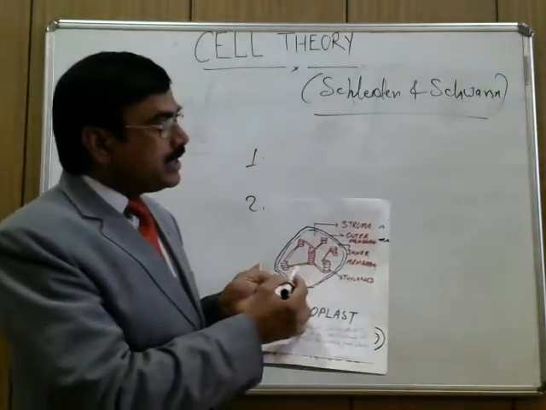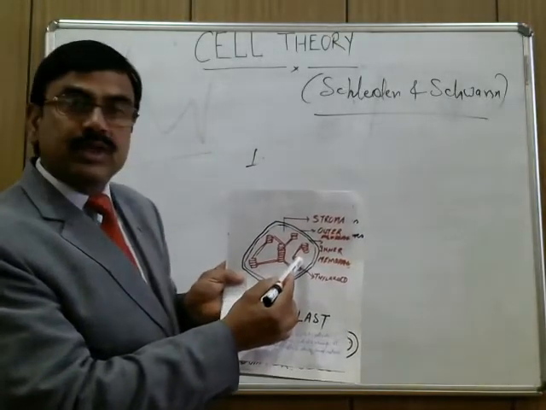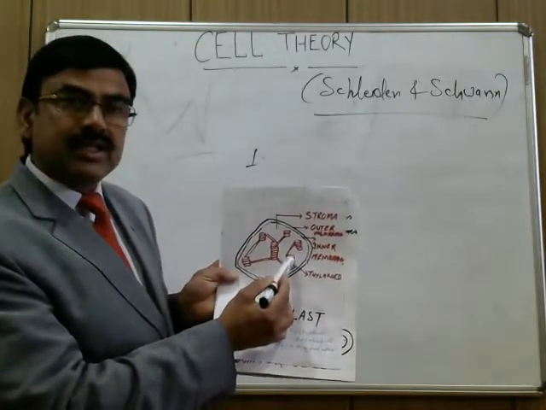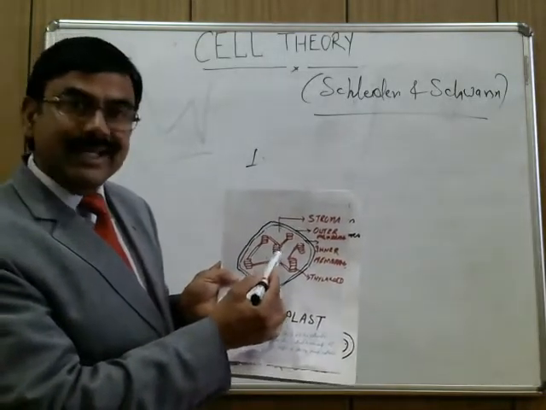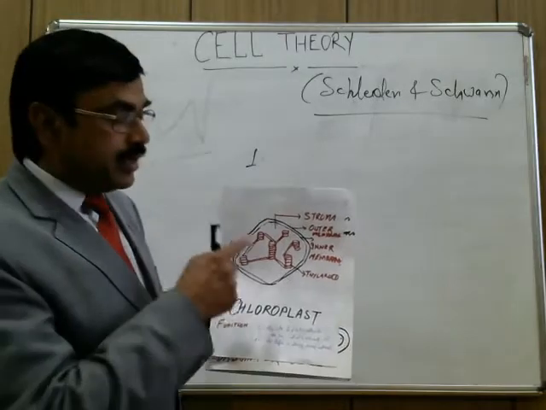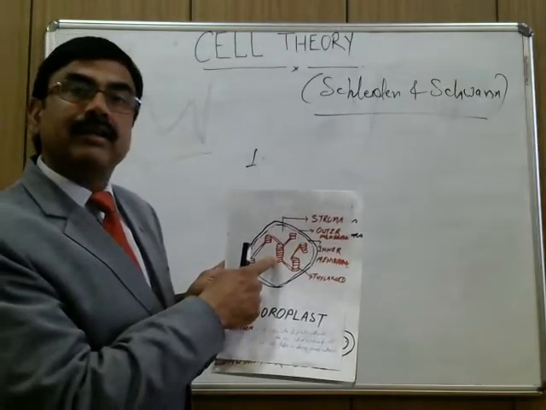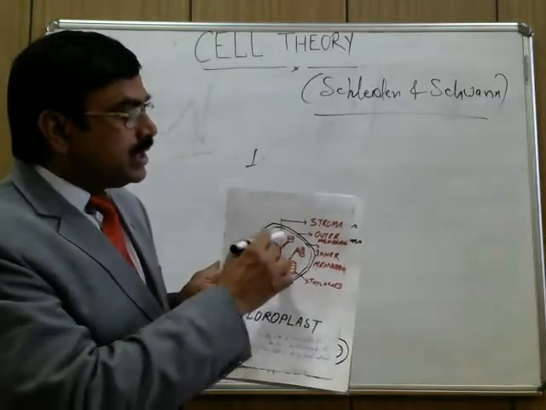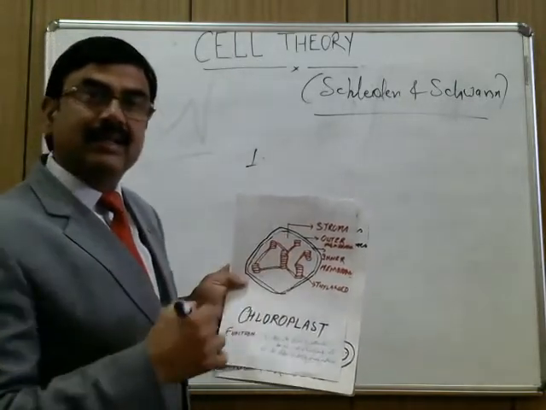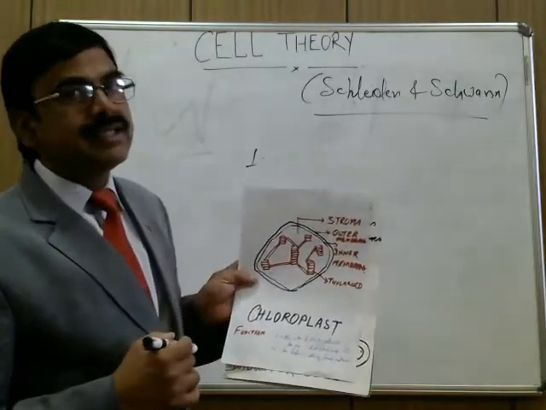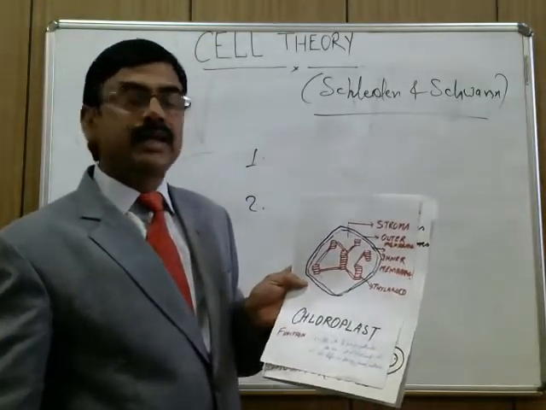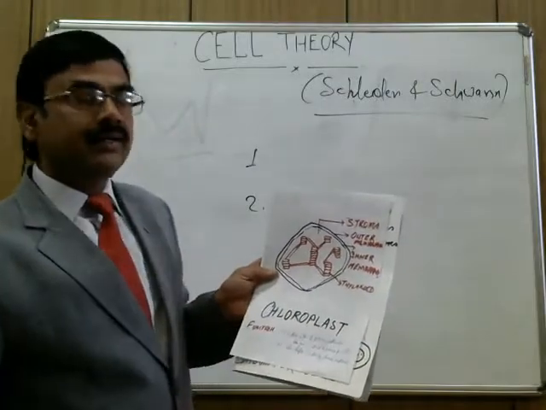The grana are pouch-like structures, like packets, which contain the chlorophyll. So grana contain chlorophyll, and the fluid which is floating inside the chloroplast membrane is called stroma. So there are two parts.